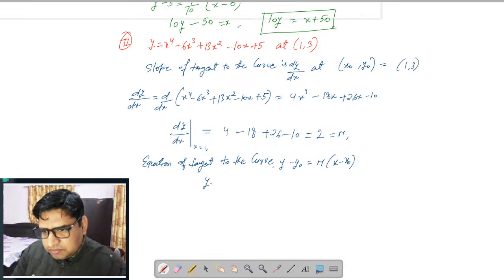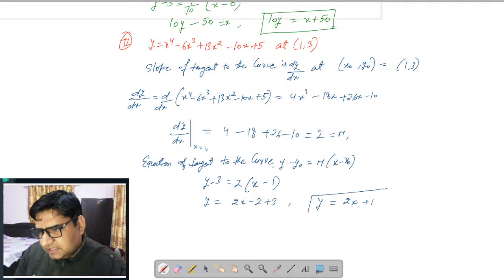So we'll simply put that into the standard equation: y minus 3, and m, as we have calculated, is 2, and x is x minus 1. So y is equal to 2x minus 2 plus 3, and that will result in y is equal to 2x plus 1.